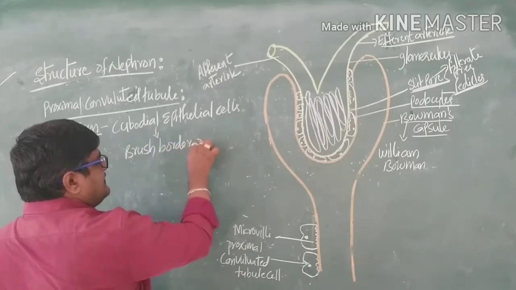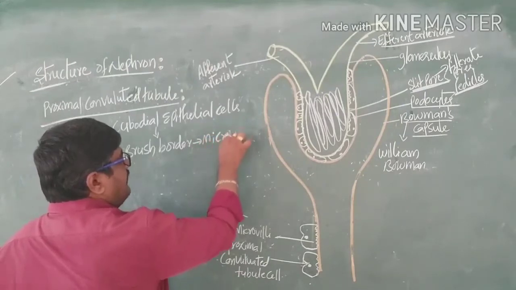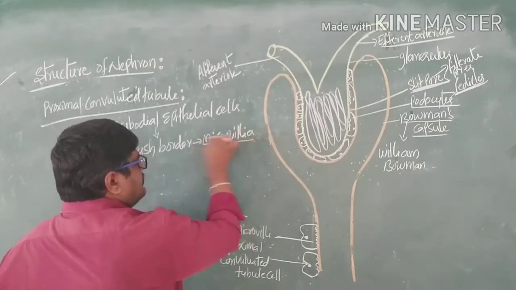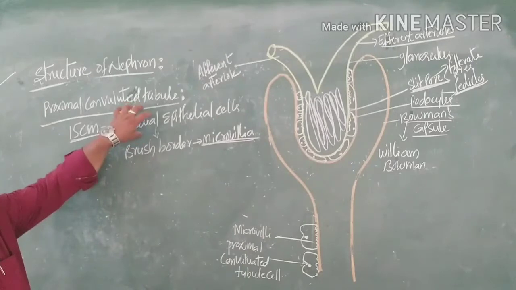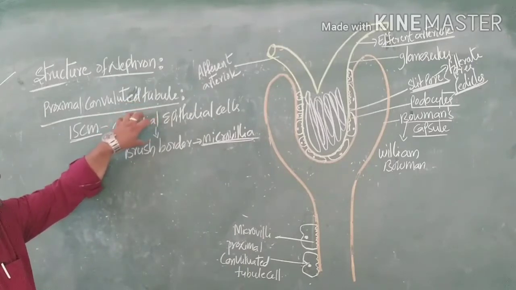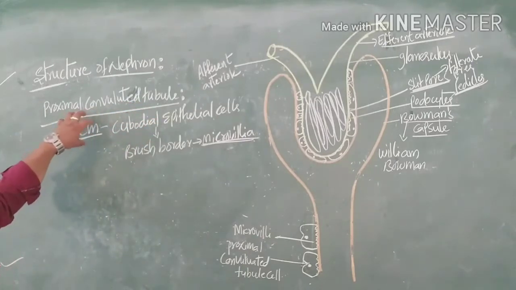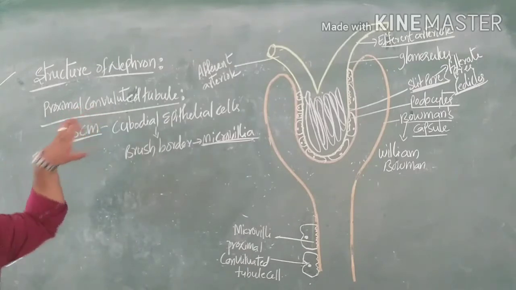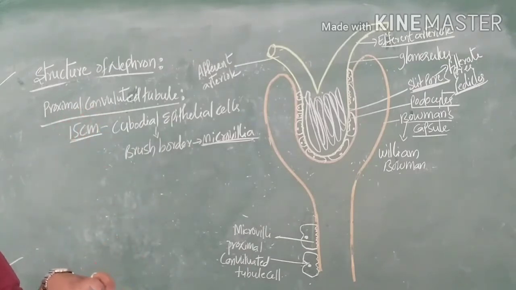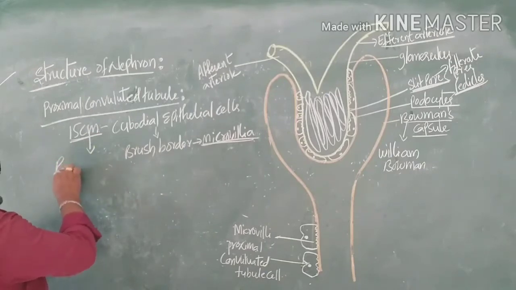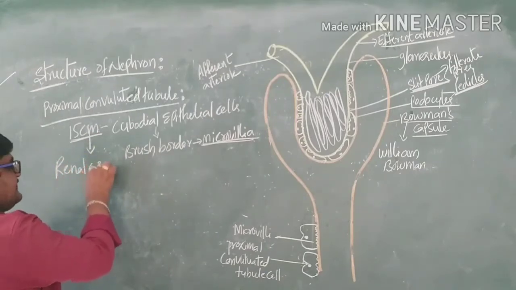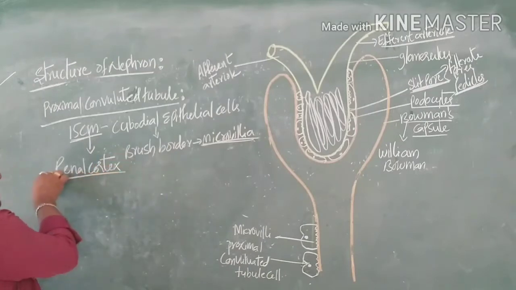That means it has microvilli. It is 15 centimeters in length, and it is present in the renal cortex.